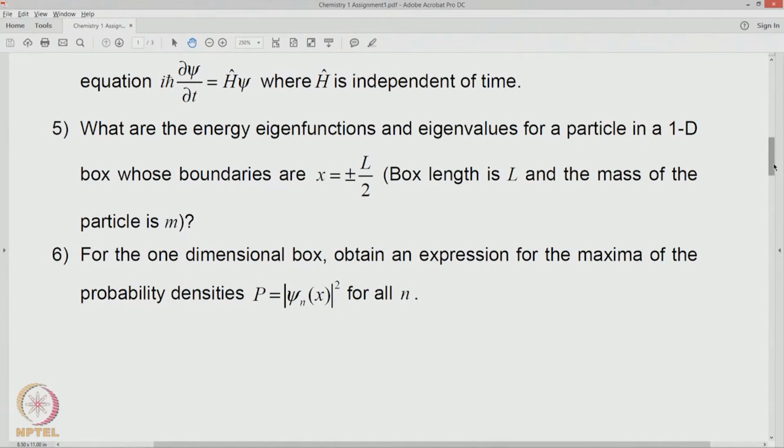It is asking you to calculate the energy eigenfunctions and eigenvalues for a particle in a 1D box whose boundaries are different. They are plus minus L by 2. The box length is still the same, L, and the mass of the particle is m. It is important to recognize these are the parameters of the problem. Energy eigenvalues do not depend on the coordinates. Remember, the E n's are h square by 8 m L square times n square.